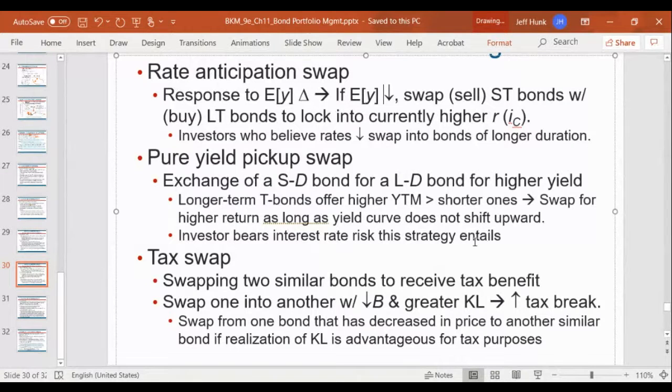Okay, in the future, let's say 1 year later, your short-term bonds will mature. Then you're going to roll over that money. You will get your principal, your par value, back. But at that point, where do you want to put your money?